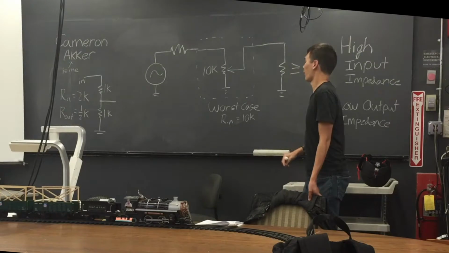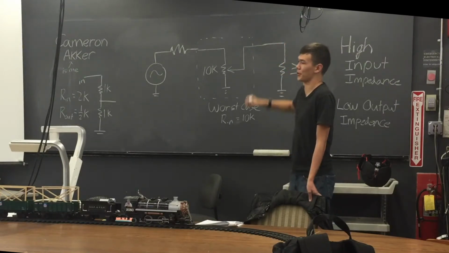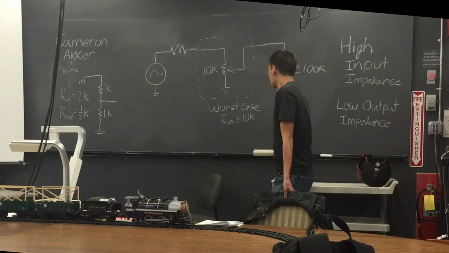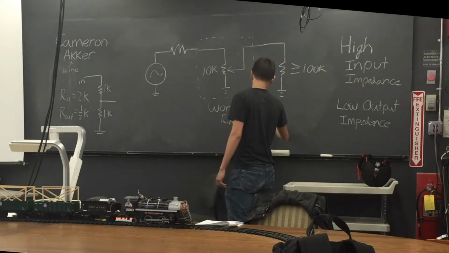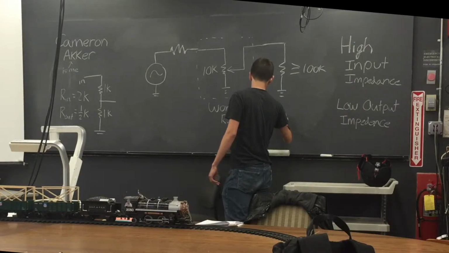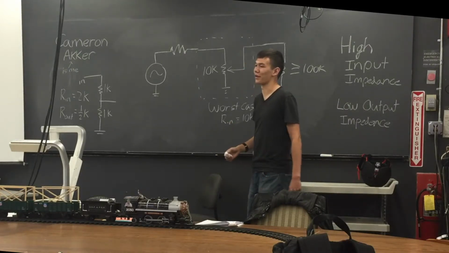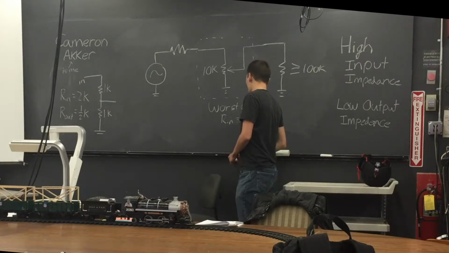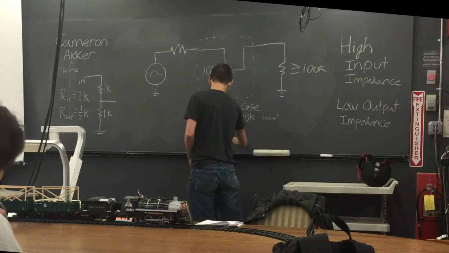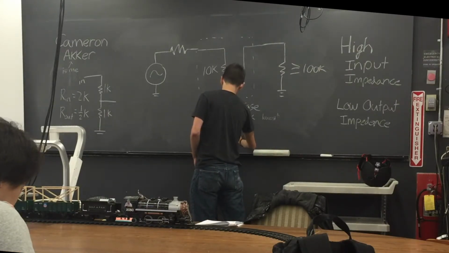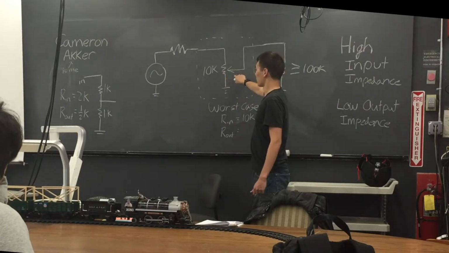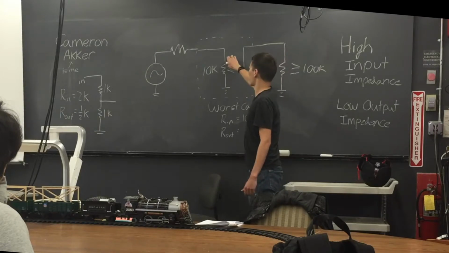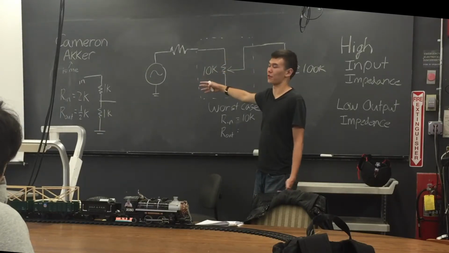And remember, the way we get Rn is to treat the output as not connected to anything. So this is the highest, lowest Rn, and in fact, it's always Rn. The Rout, in this case, can range anywhere from 0, if the potentiometer is all the way down here, and if it's all the way out here, the Rout is 0 as well.